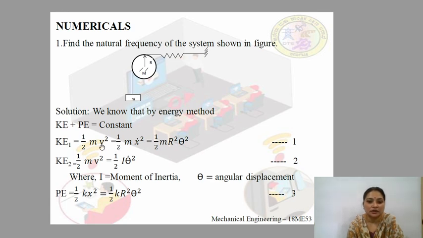Here the velocity is x dot, so substituting, we can write it as half m x dot square.